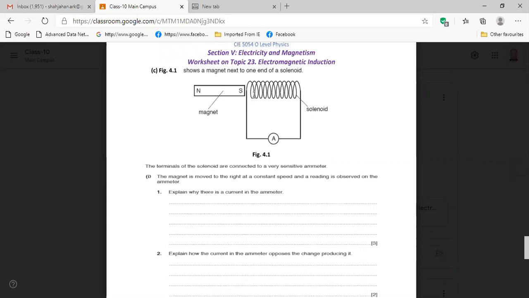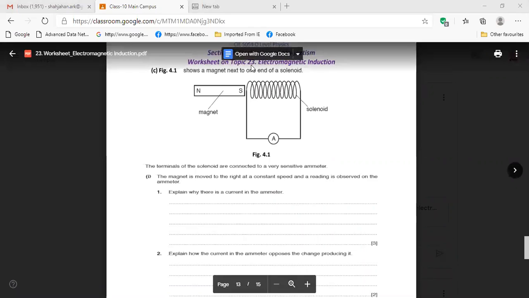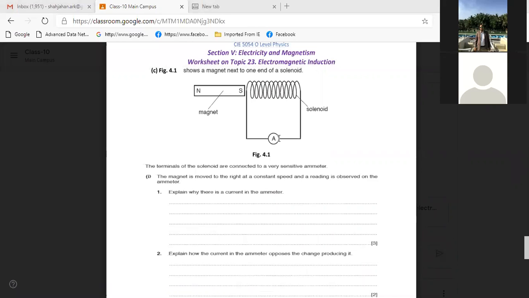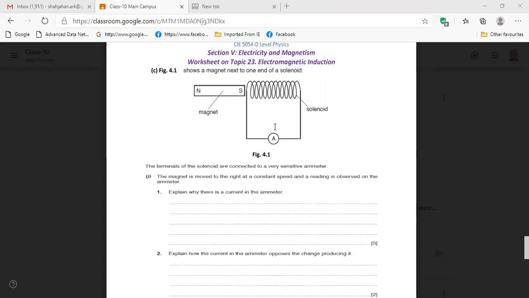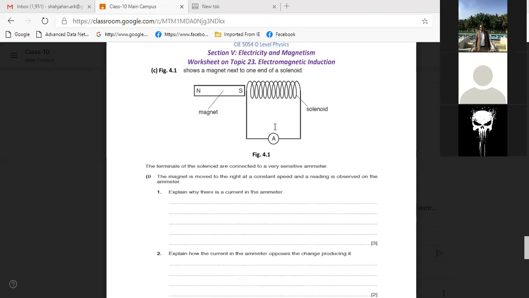You see, in our ammeter we are getting the reading. For what reason? We are getting the reading because we got some induced current here in this solenoid, right? And that induced current will produce magnetic field and magnetic poles.